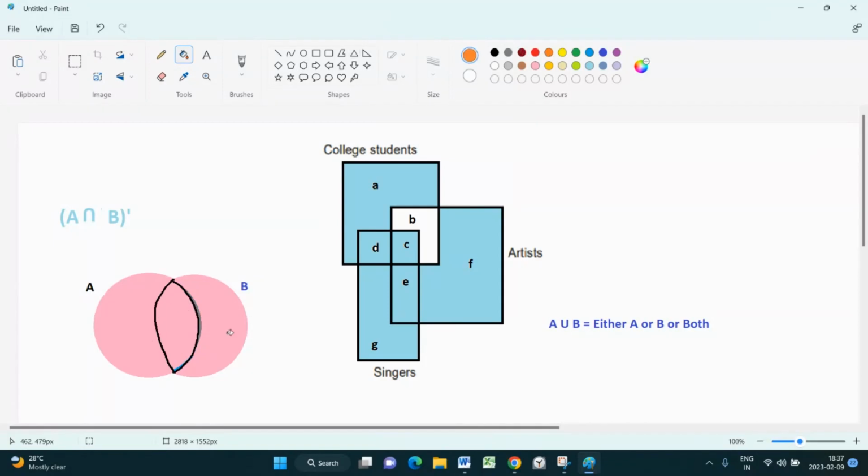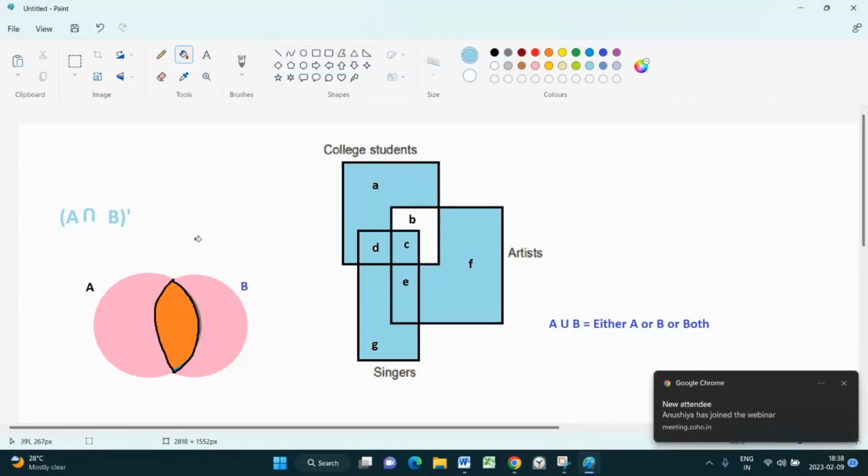I am going to mark A intersection B here. The part that is not in A intersection B, which is it? This pink shaded one is not part of A intersection B. So only A and B. Only A and only B.